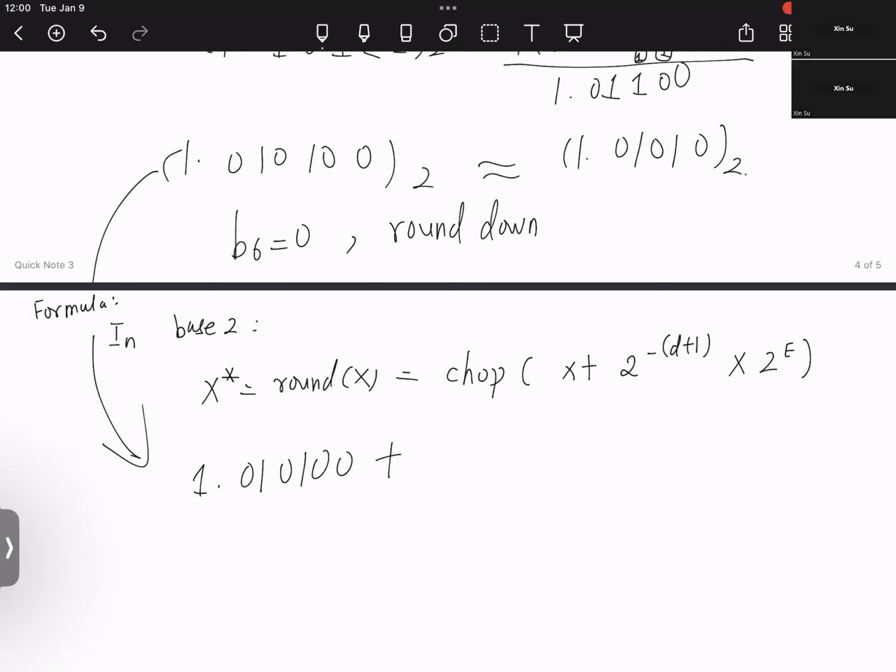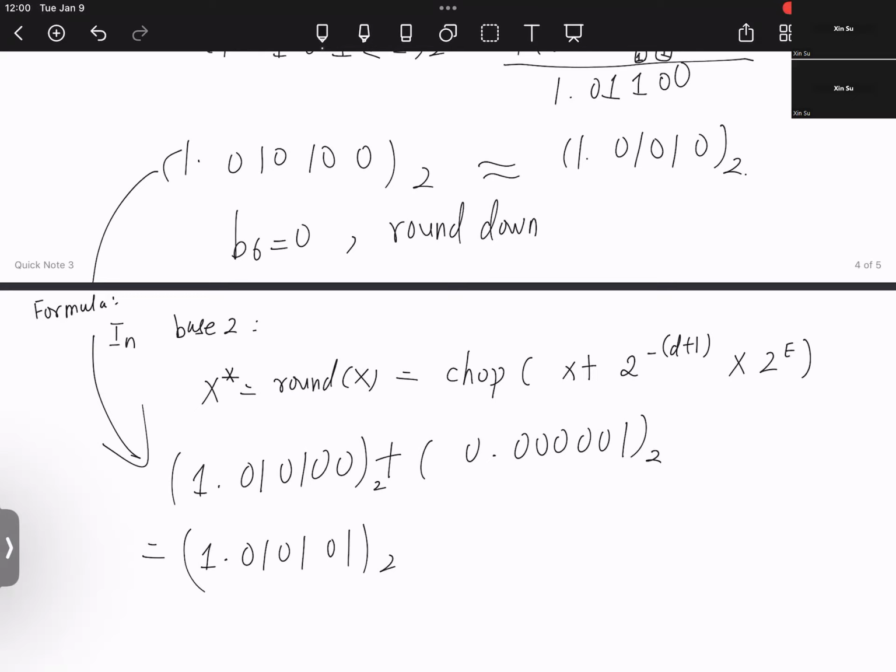So in the binary representation, we have 0.000001, and if we do the binary addition here, at the end we get 1.010101. And this is the precise number we get.